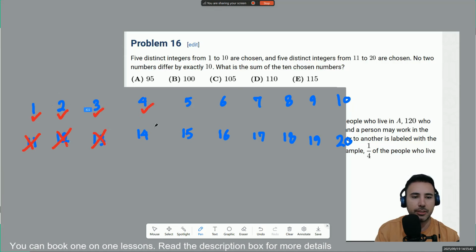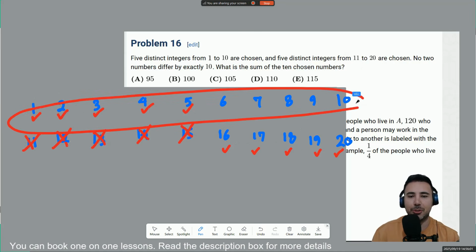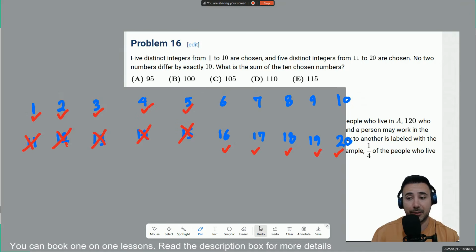So if I choose the first ones, then when I want to choose from 11 to 20, I'm forced to choose these. But the strange thing is that it doesn't matter what 5 numbers on the top you choose. The sum is always the same thing. Think about why this is. That's the extra question for this problem.